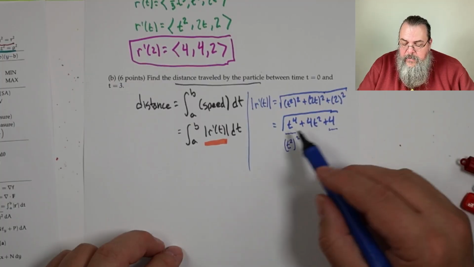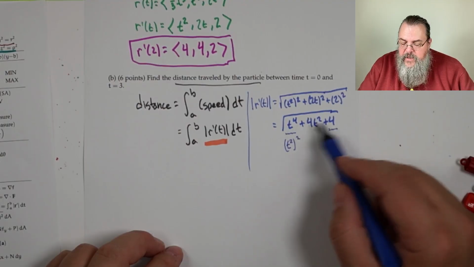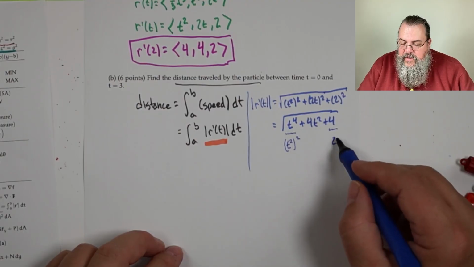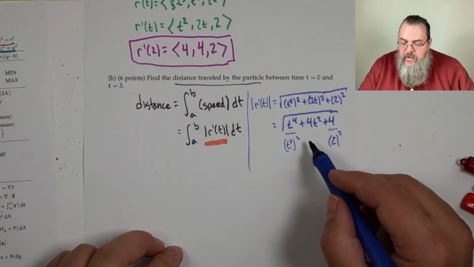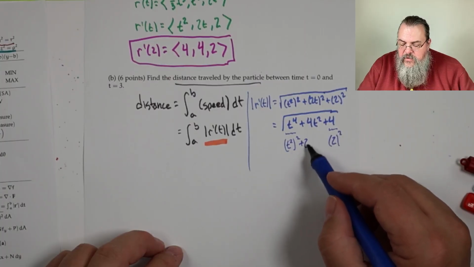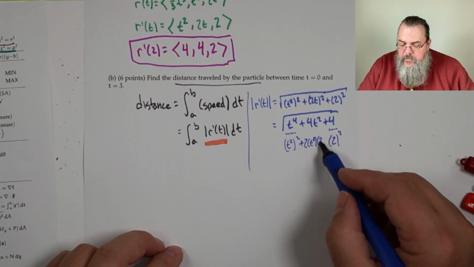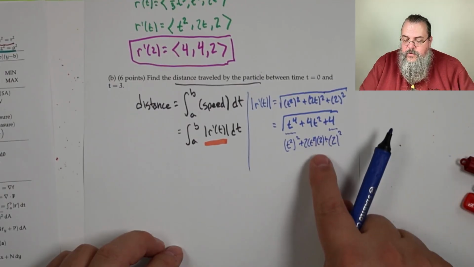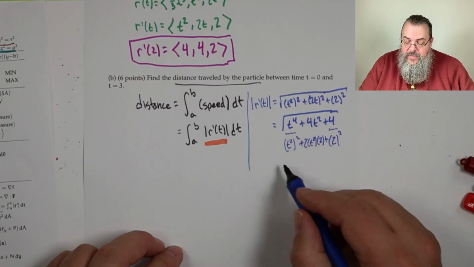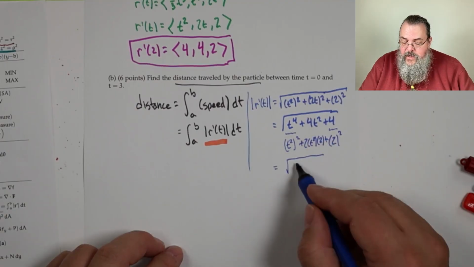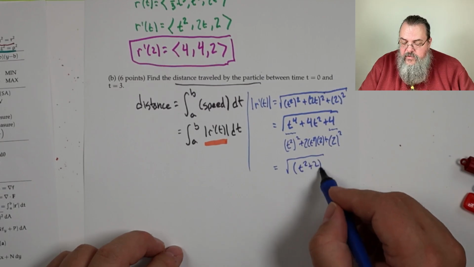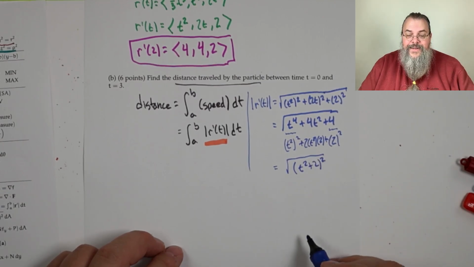Because we've sorted them by decreasing power, this looks like it could be a good 2 squared. And if you look here, this looks like 2 times t squared times 2, 4t squared. Which means that we're really dealing with the square root of t squared plus 2, squared.